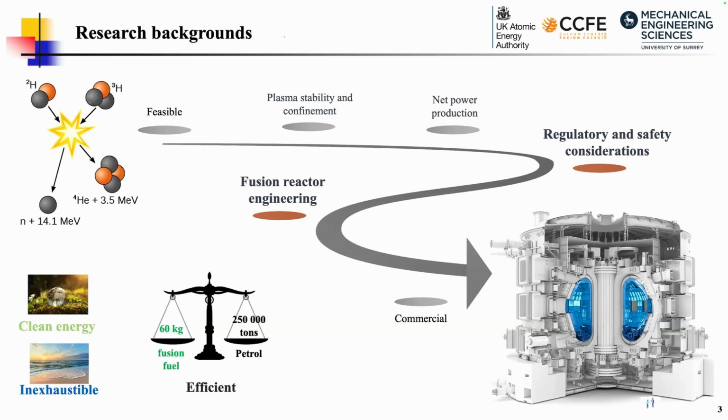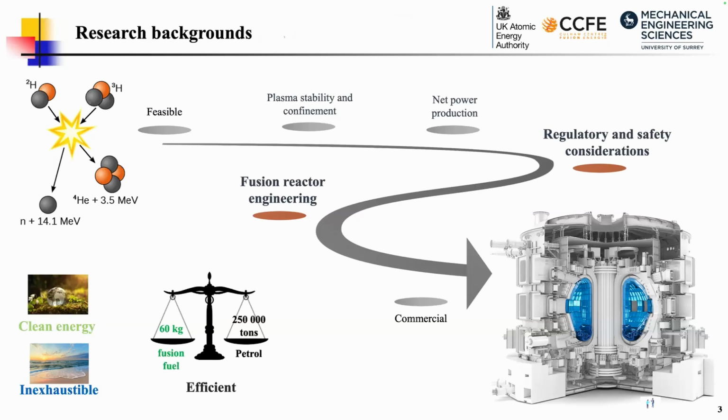We have many fusion reactions, but the DT fusion reaction is selected to commercialize this nuclear fusion energy industry, and it is green energy because we can find the DT source from nature, and 60 kilograms of fusion fuel can generate lots of energy, which is equivalent to 250,000 tons of petrol.